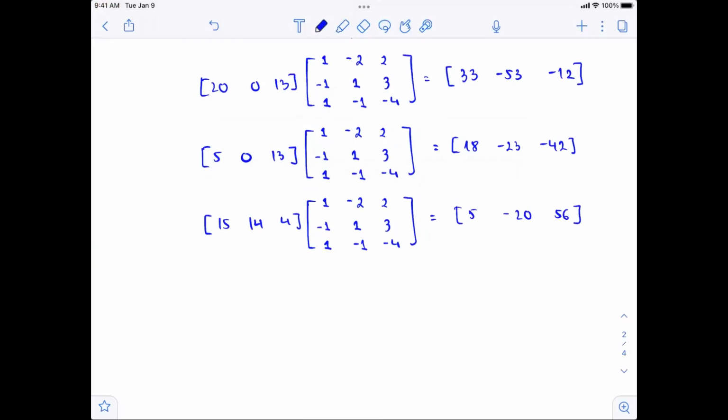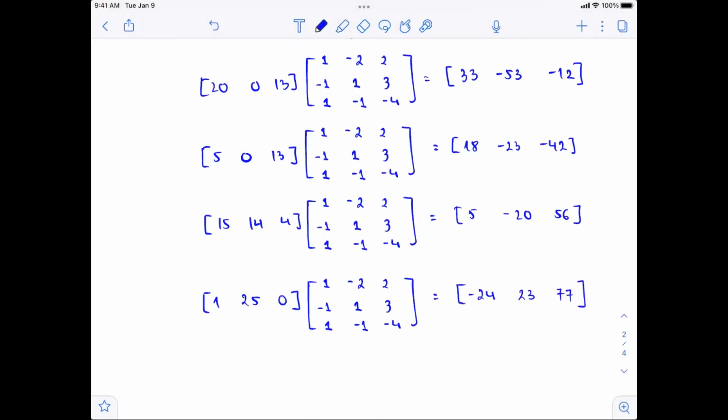And then the last one is 1, 25, 0. Let me copy this matrix one more time. Let me space this out. And you get the row matrix of the form -24, 23, 77.